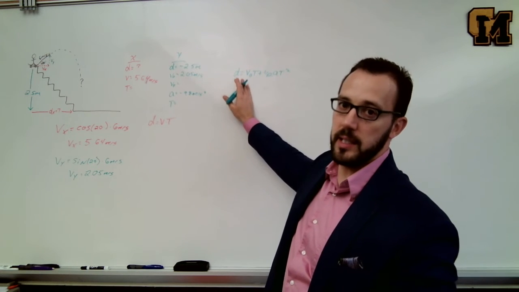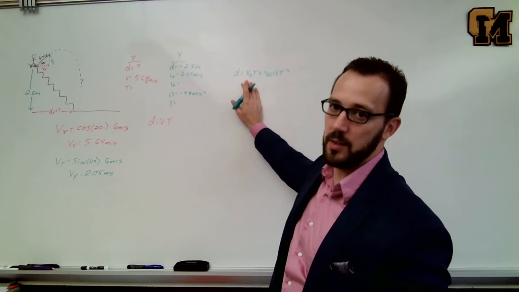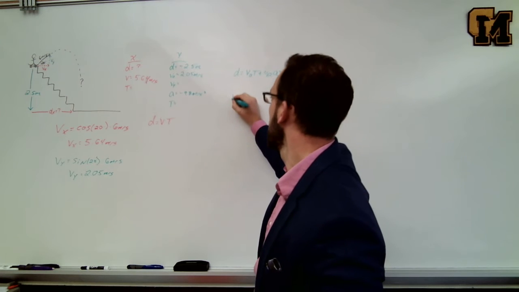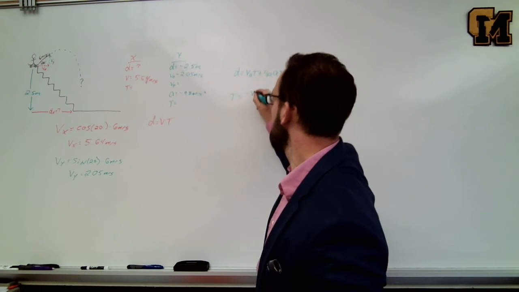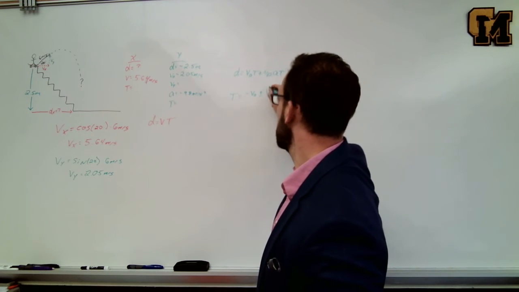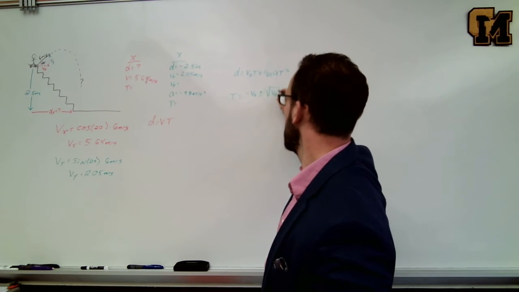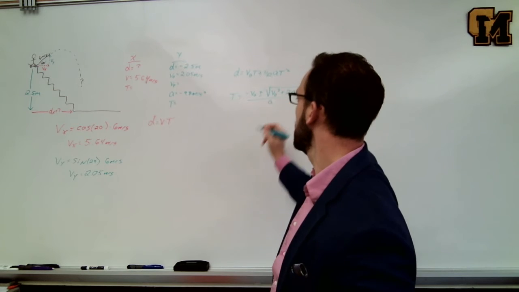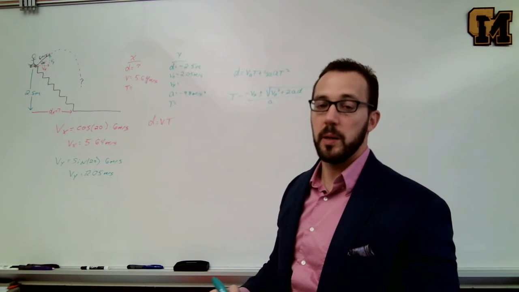Nothing cancels out. D is not 0. V naught is not 0. So we're going to have to use the quadratic formula in order to solve for time, which means time equals negative v naught plus or minus the square root of v naught squared plus 2ad all over the acceleration a. We can plug in our numbers.